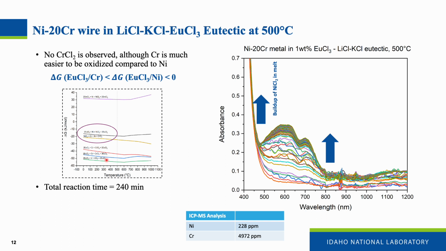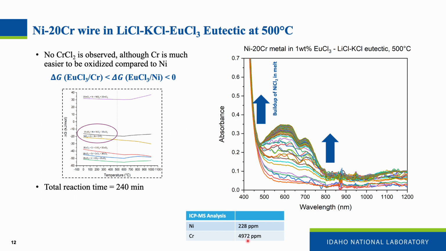So we were expecting to see chromium here first, or more than nickel, but we did not see any, and we let this reaction go for a longer time, about 240 minutes, but we did not see any chromium buildup. Maybe there's a little bit, but it is still within the noise level, so we can't say for sure that we see chromium here. But ICP analysis shows that there is chromium in the salt.